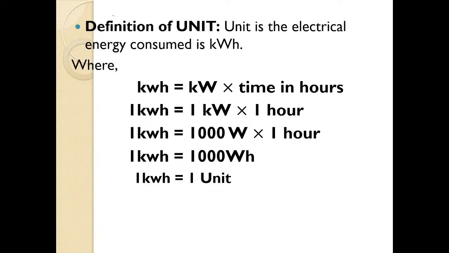Now, what is the definition of a unit? Unit is the electrical energy consumed in kilowatt hour. Write it down: electrical energy consumed in kilowatt hour is nothing but a unit. We know 1 kilowatt is equal to 1000 watts.